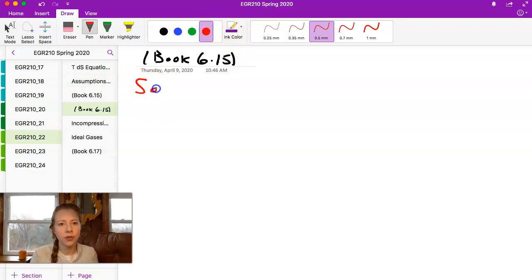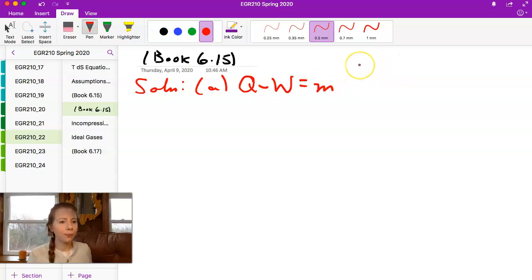So let's go through the solution. So for this process, we're going to have Q minus W is equal to mass. So this is a control mass problem.